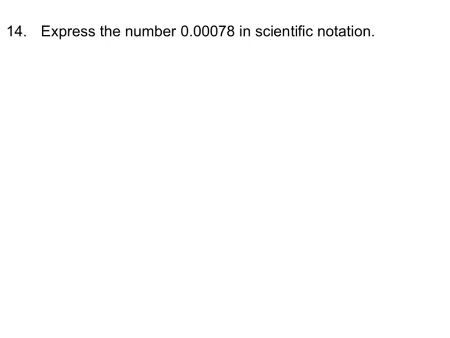Express the number 0.00078 in scientific notation. The first step is to locate the decimal. Here's our decimal point. Now we want to move the decimal so that there's one non-zero number in front of it.